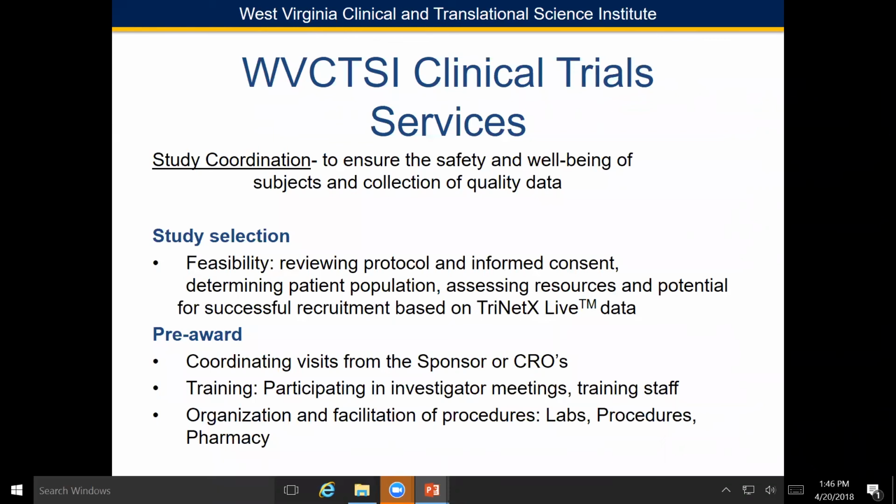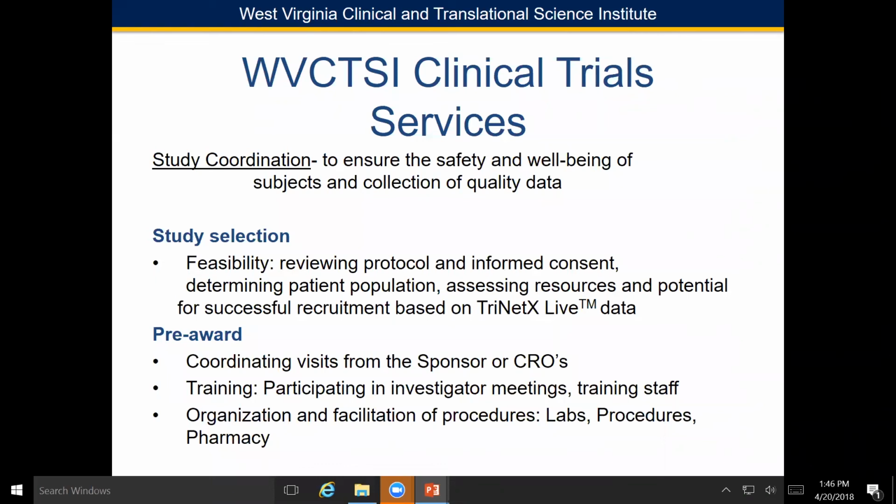And part of what we use now to help with that is a system called Trinetics. So if you're not familiar with Trinetics, I think it is a very useful tool for researchers and study coordinators as well.